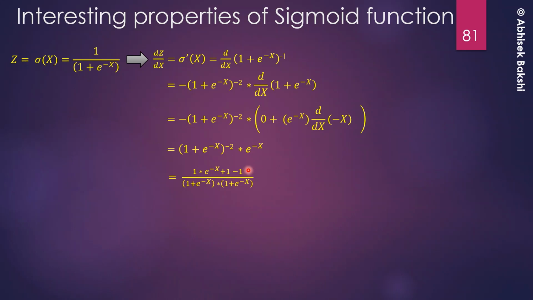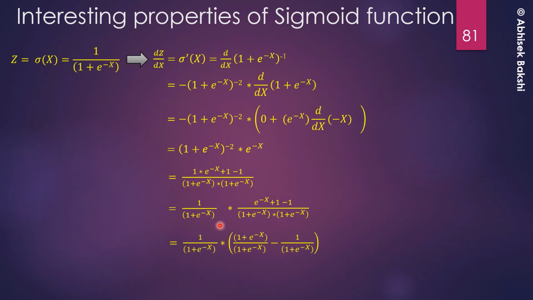Because we now want to divide the whole thing into two parts, something like this. On one side we can say it's 1 by 1 plus e to the power minus x, this part, and on the other side we can say e to the power minus x, plus 1 minus 1. Fine, that's okay. Now, what is the benefit we will get?